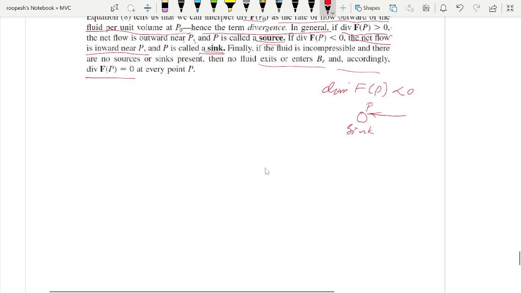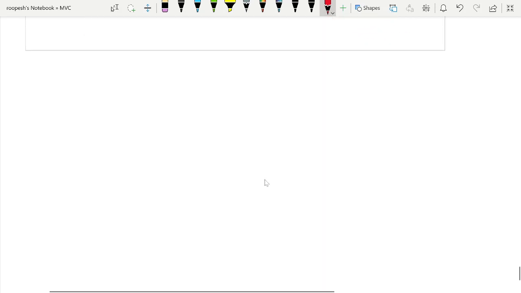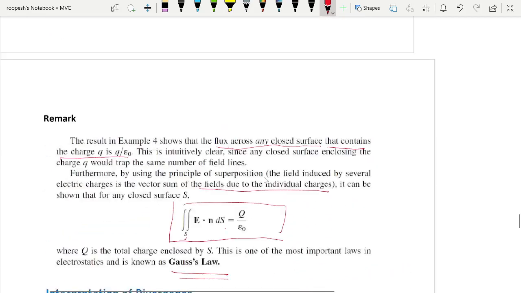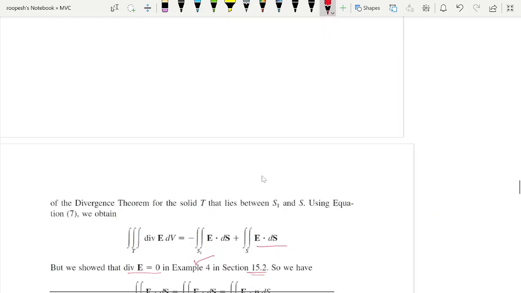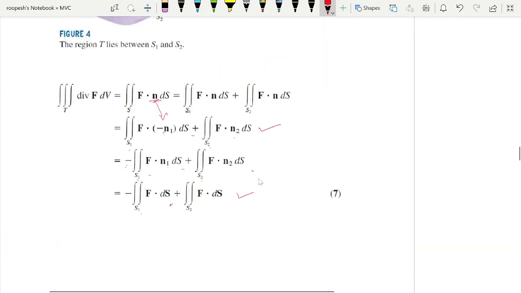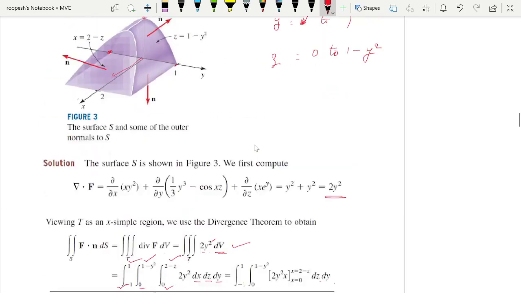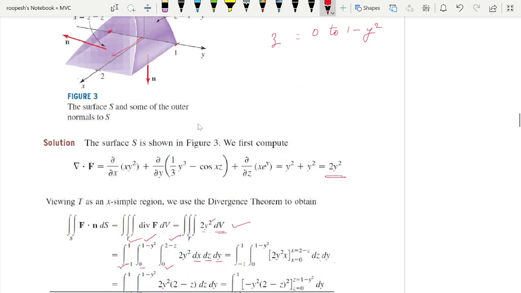So this is the idea of divergence and the divergence theorem. Remember that the divergence theorem is the generalization of Green's theorem to vector fields. Okay, and remember how we have done some standard problems over here.